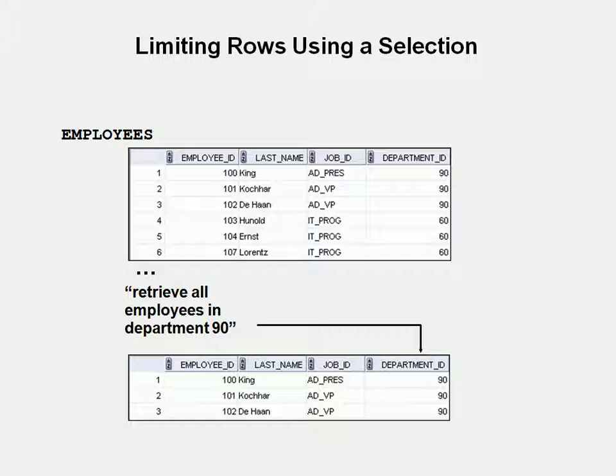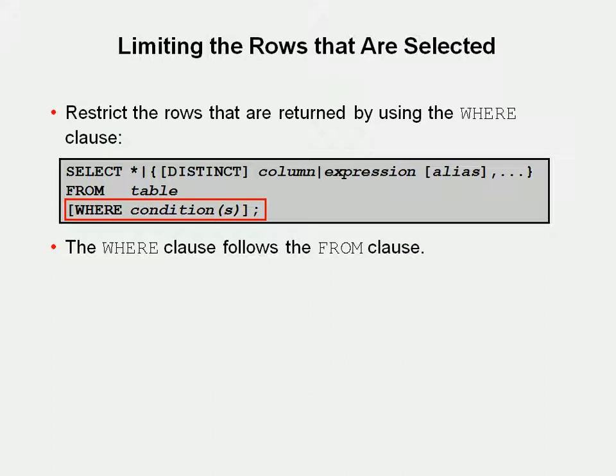But I don't want to see the records of any other departments. I just want to see the employees working in department number 90. So what will be the query? We will write the query, but before that we will see the general syntax.